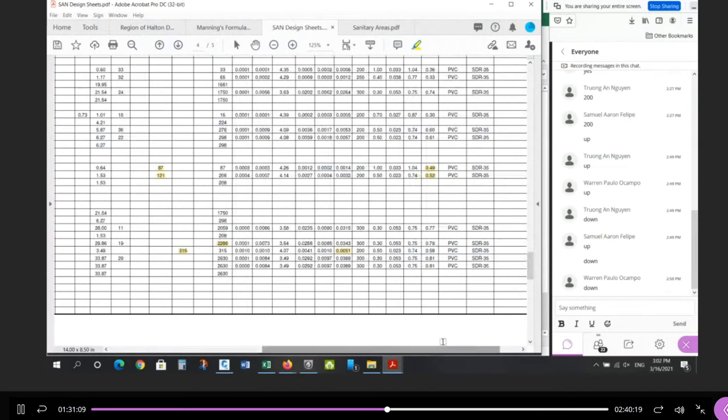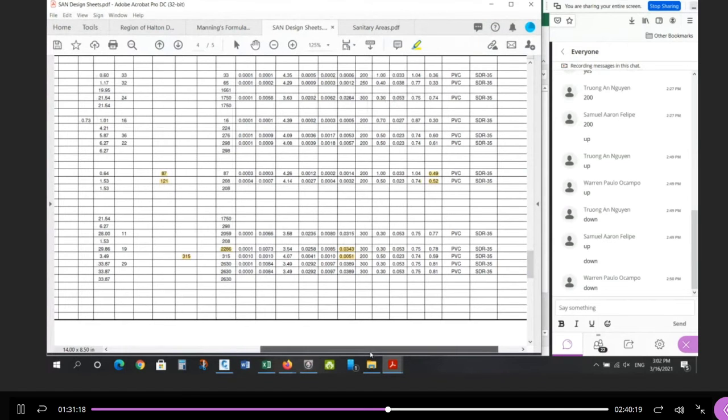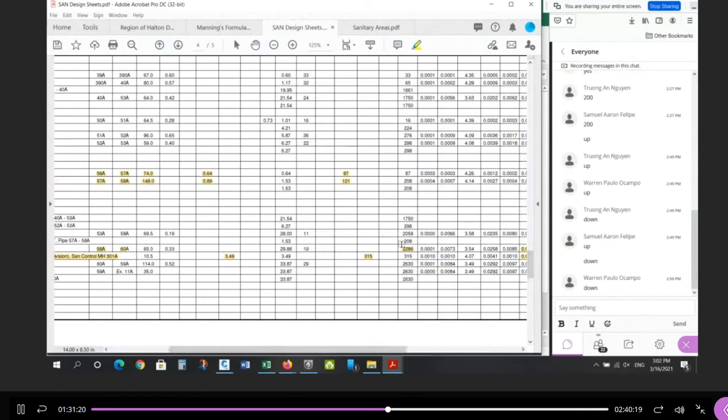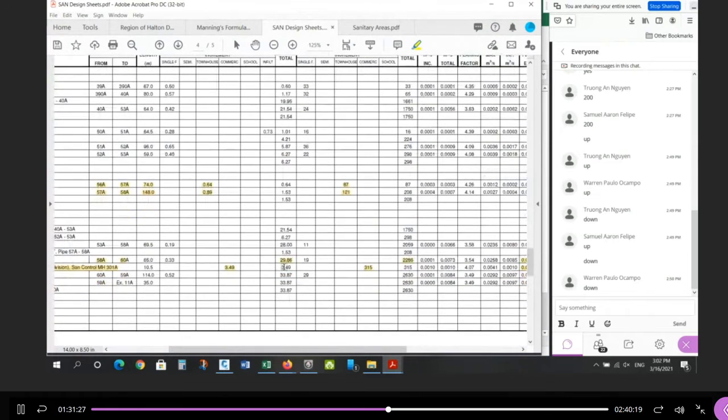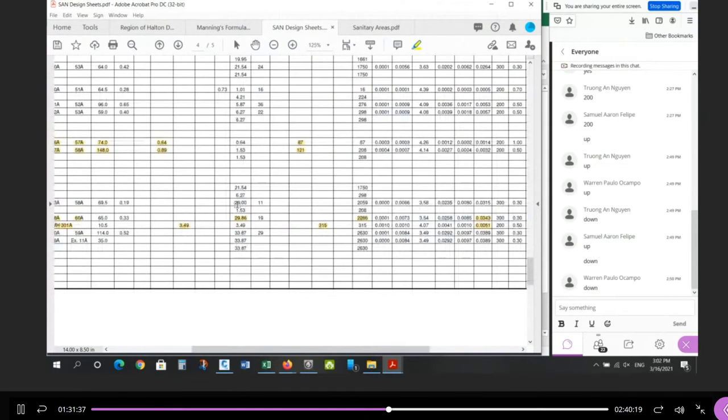And the expected flow is this, and you're going to increase it by almost nothing. The total accumulated area to this point here is 29.86 hectares. You're going to increase this from 29.86 to 29.88 and see what happens. And it's very insignificant. So I'm not worried about that pipe, okay? But I am worried about the two local pipes on Chuchmak.